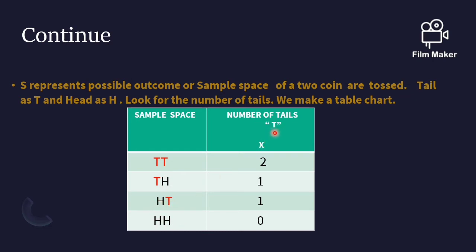And we are looking for the tails. Tail and tail, how many tails? 2. Tail and head, 1 tail, you will write 1. Head and tail, only 1 tail, you will write 1. Head and head, there is no tail, you will write 0.